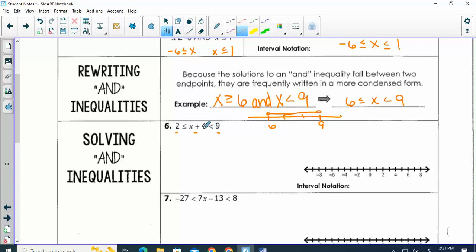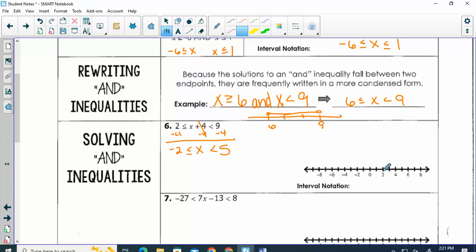So if you were trying to get x by itself, what would you do? Subtract 4. So we have to subtract 4 from the middle and both ends. So then we have negative 2 is less than or equal to x is less than 5. Okay, if it's written this way, we can go ahead and just put it on our graph.